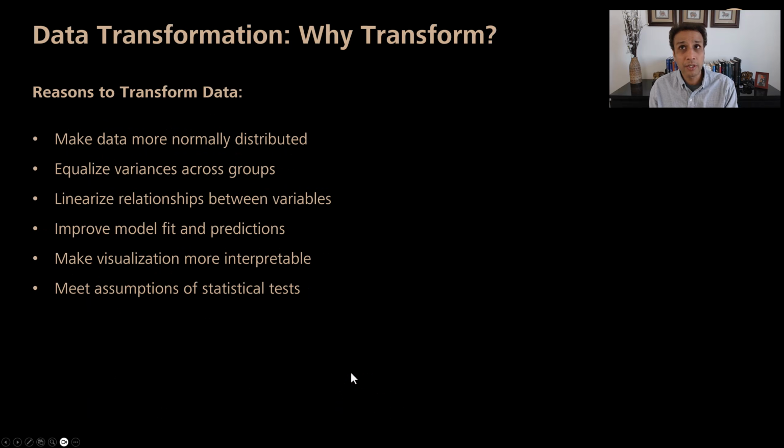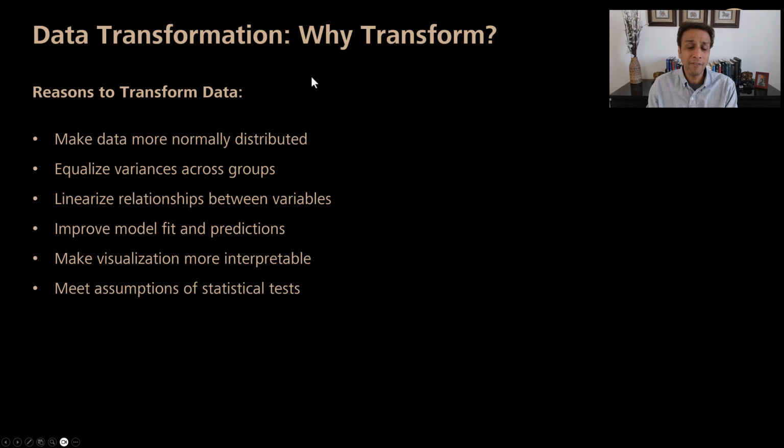Data transformation is something you may have to apply when your data is not normal and you want to perform certain statistical tests. As I mentioned earlier, a lot of statistical tests assume that your data is normally distributed, for example, the t-test.